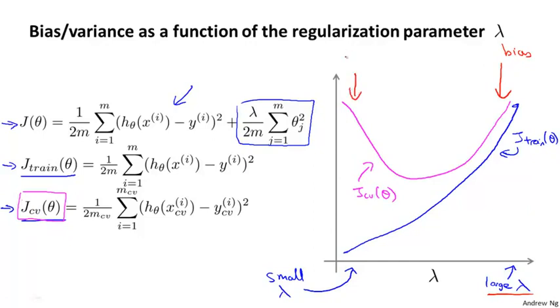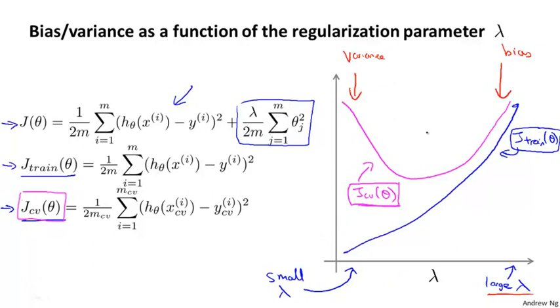Whereas here on the left, this is the high variance regime, where if we have too small a value of lambda, then we may be overfitting the data, and so if we're overfitting the data, then the cross-validation error will also be high. And so this is what the cross-validation error and what the training error may look like on a training set as we vary the regularization parameter lambda.